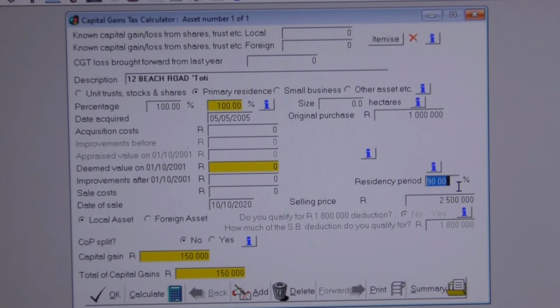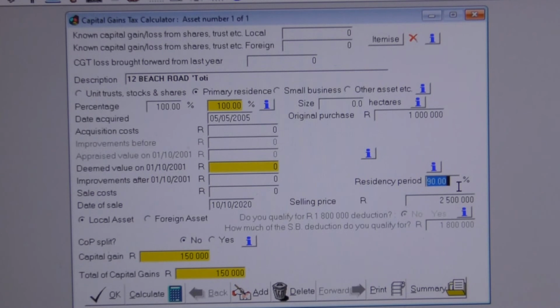Here we have a primary residence which we bought in 2005 for R1 million and sold recently for 2.5 million. With a profit of 1.5 million and a primary residence exclusion of 2 million, we would expect zero capital gain. But we can see a capital gain of 150,000. You see, with the residency period in the equation, the primary residence exclusion pretty much goes out of the window unless the residency percentage multiplied by the profit exceeds the primary residence exclusion.